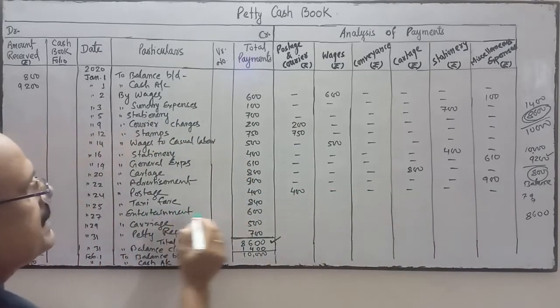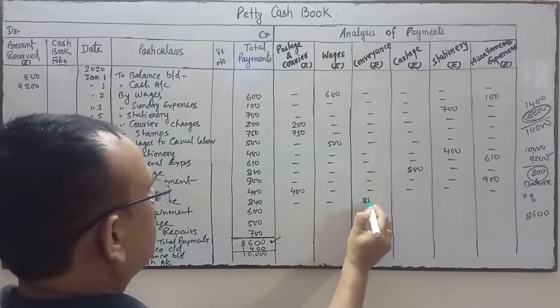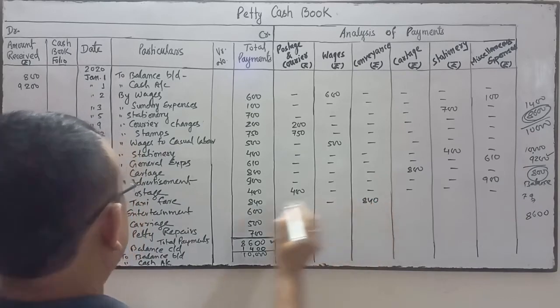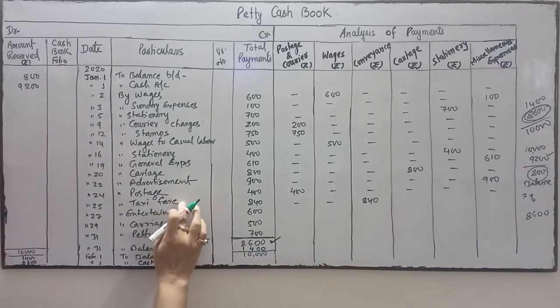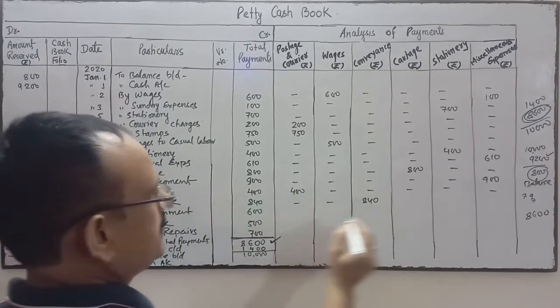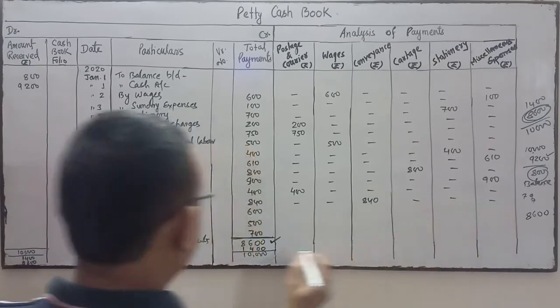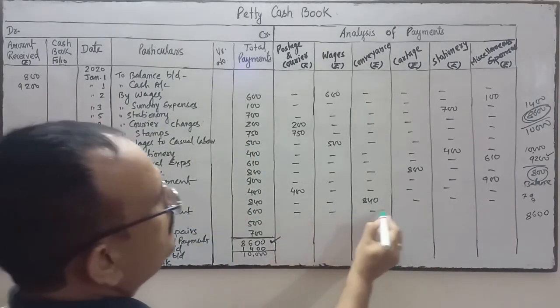Next is taxi fare. Taxi fare will come under conveyance, 840. Yes, taxi fare. Next is entertainment. Entertainment will be in the miscellaneous.